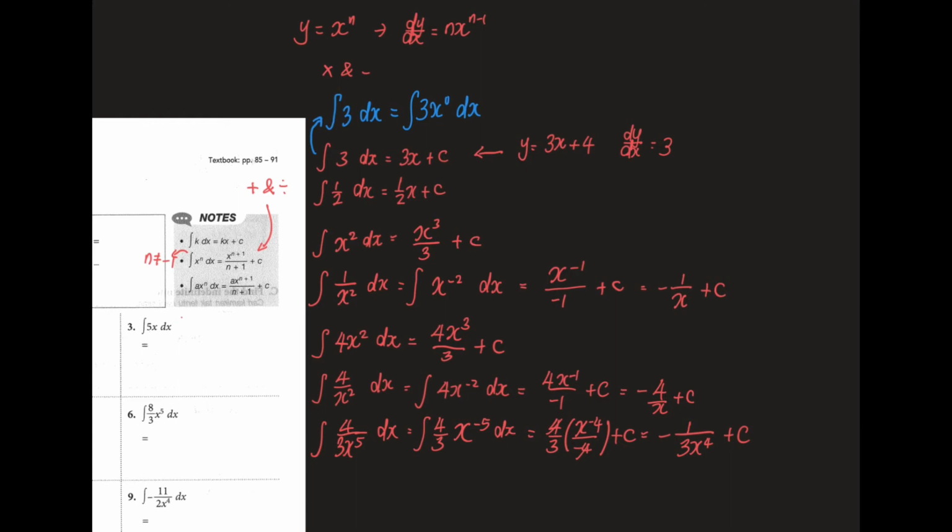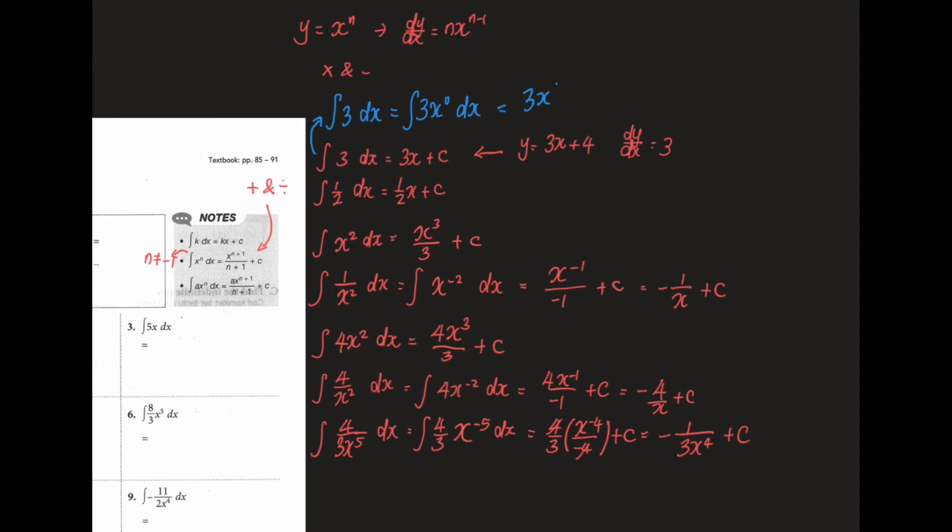You know, x power 0 is 1. So integrate 3 is the same as 3x power 0. Okay, so I purposely put it in this way so that you can understand it by using this formula. So if I'm using this formula to integrate this, integrate 3 becomes 3x power 0.